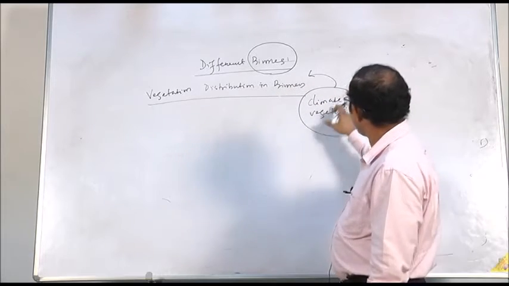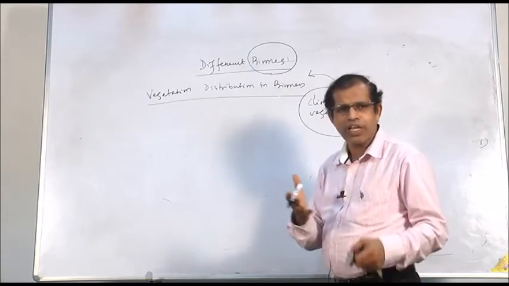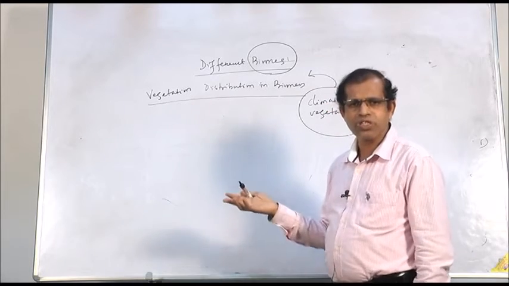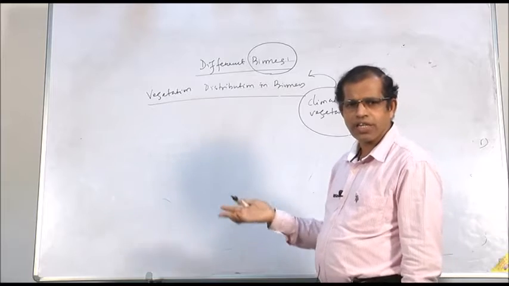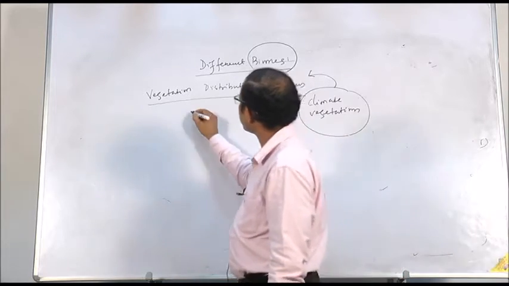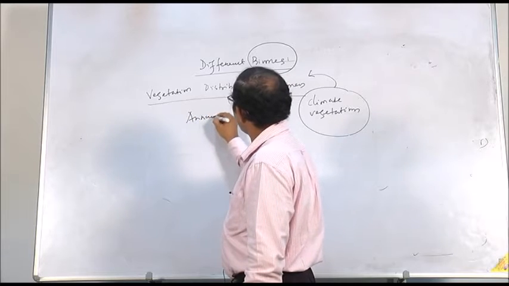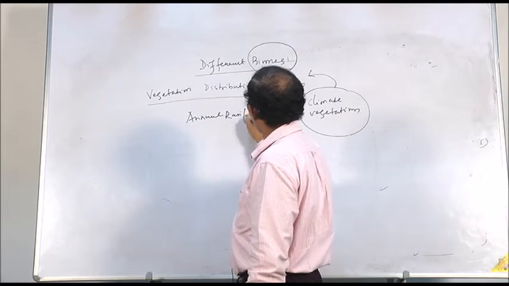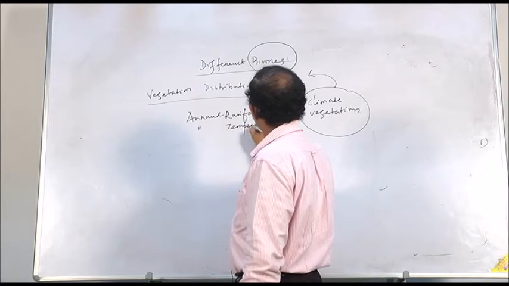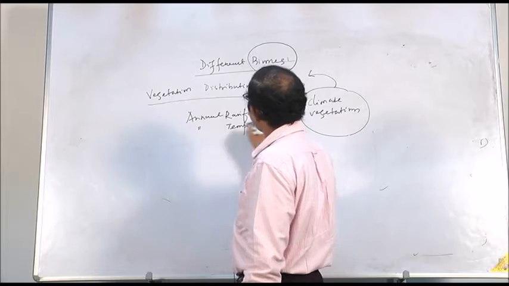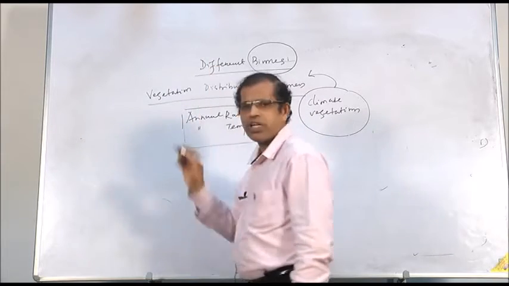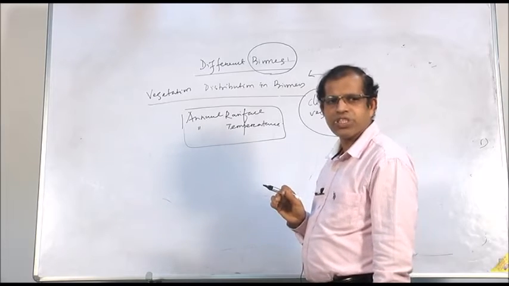The climatic conditions are the prevailing weather conditions, with high temperature, low temperature and rainfall. Basically we consider two things, annual rainfall and annual temperature. These two are very important in determining the type of vegetation.